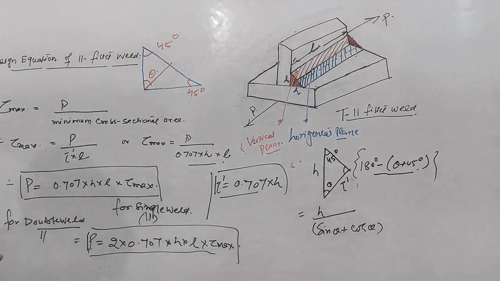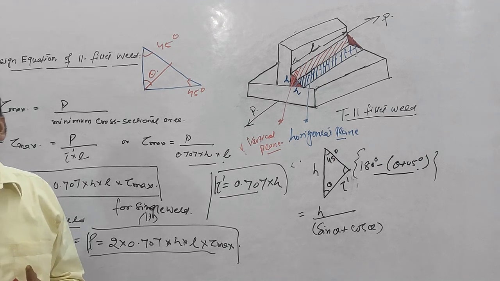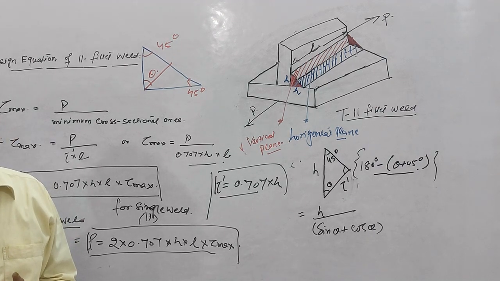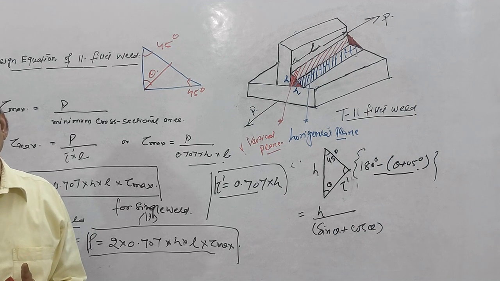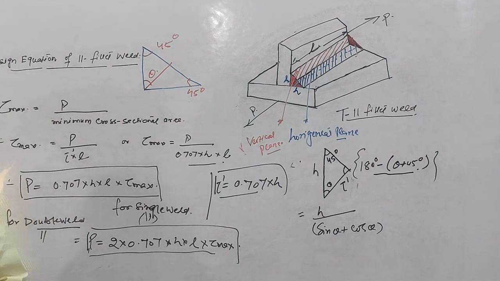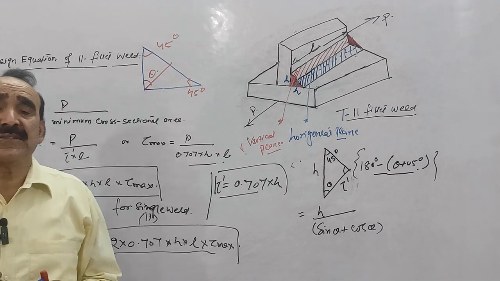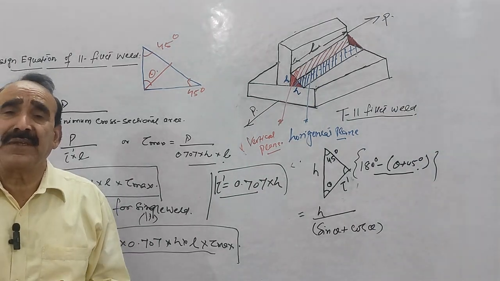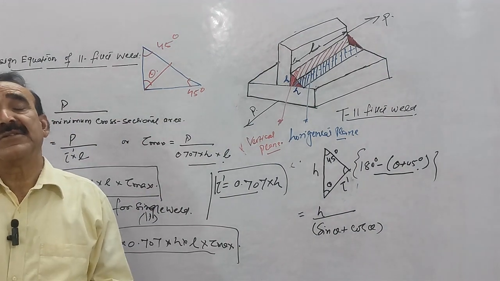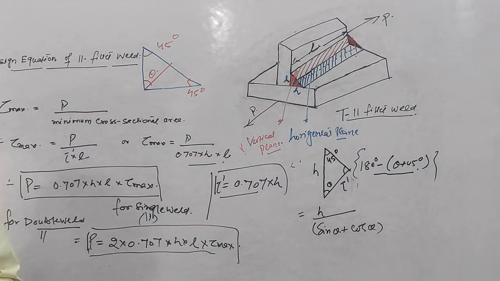I think this is very much clear to you. I have explained it twice, so there is not much complication there. There is only one point to understand: in case of parallel fillet weld, the force which we have applied is parallel to the horizontal plane, parallel to the vertical plane, and parallel to any infinite plane between horizontal and vertical, made at some different angles, right?